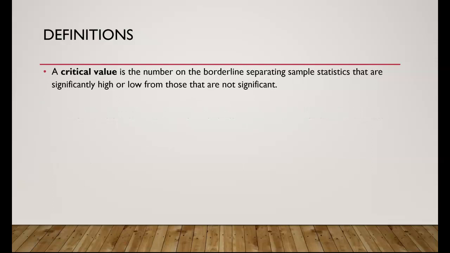A critical value is the number on the borderline separating the sample statistics that are significantly high or significantly low from those that are not significant. For confidence interval estimate of population proportion, we will use the z-statistic.